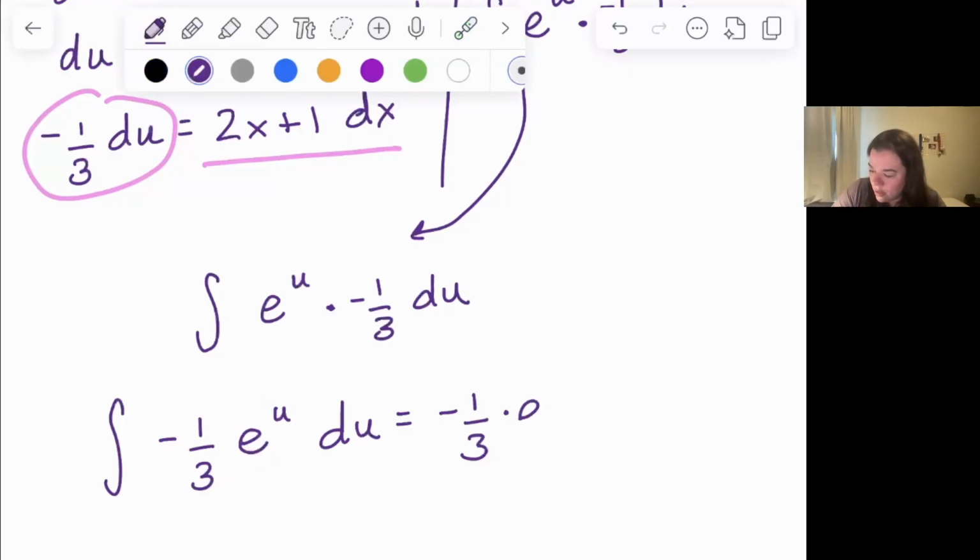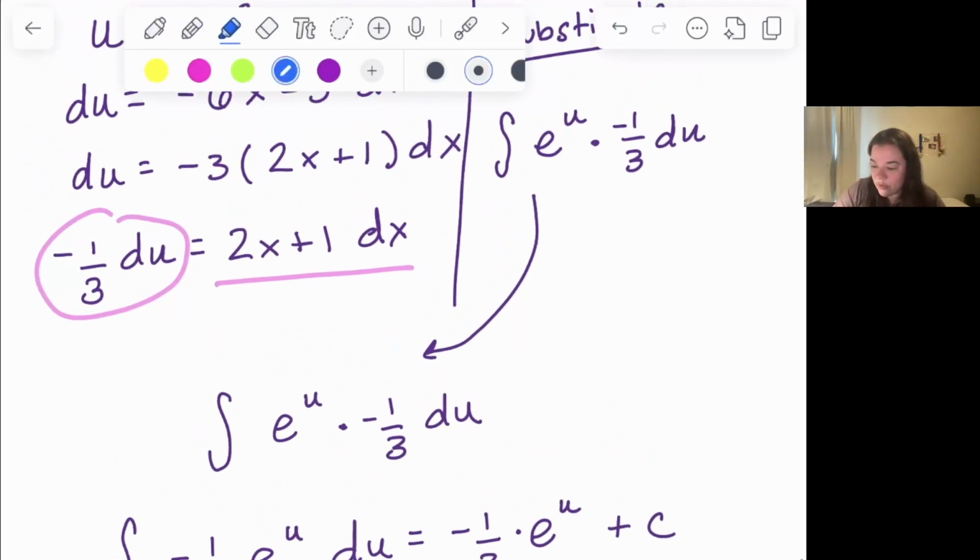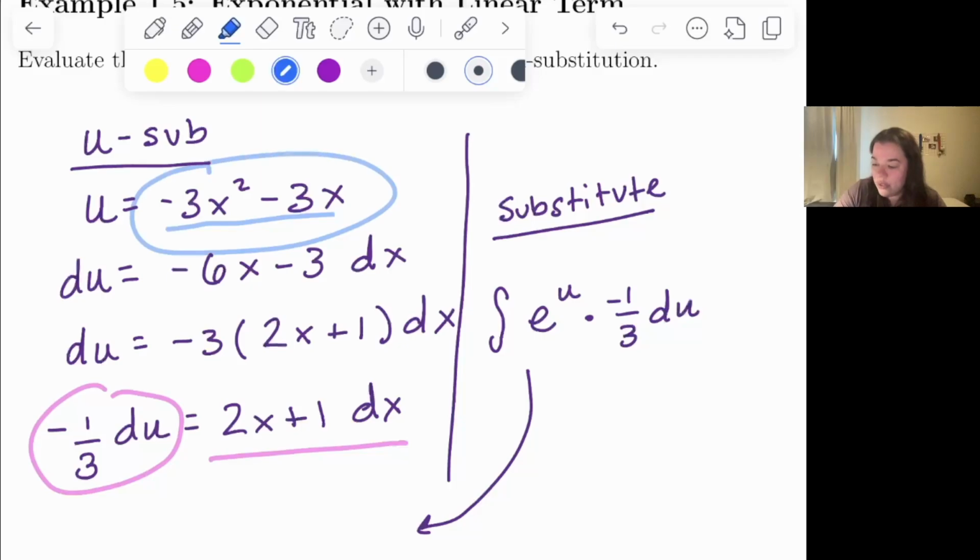Well, it's just e to the u. So there we have it. We took an antiderivative. We found it. Now it's a matter, though, of replacing what is your u term. Go back up and ask yourself, oh, u was equal to negative 3x squared minus 3x.